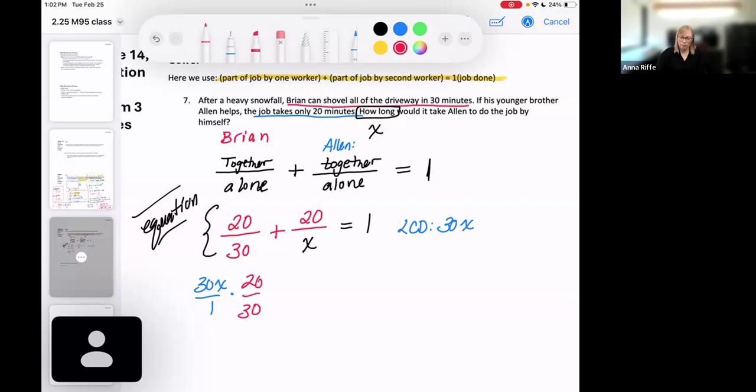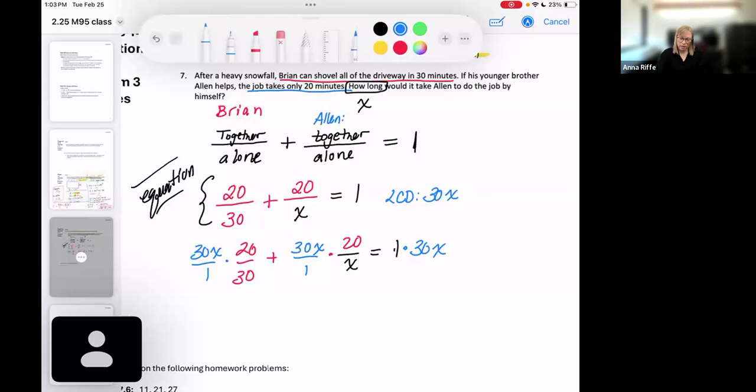I think perhaps Hannah simplified this before she multiplied, but it'll work if you don't. 30x over 1 times 20 over x is equal to, and then we don't want to forget to multiply the opposite side by that least common denominator as well. We can't just multiply one side.